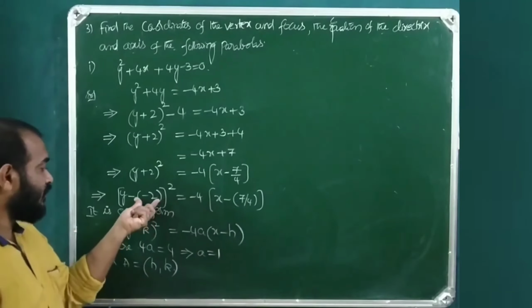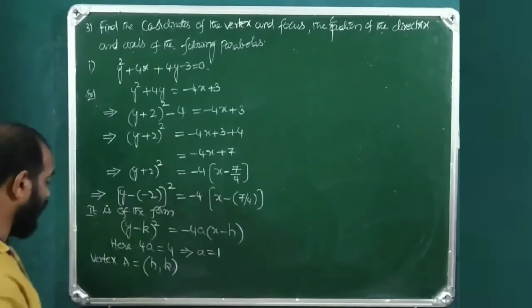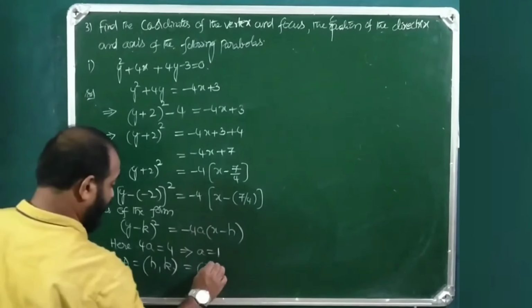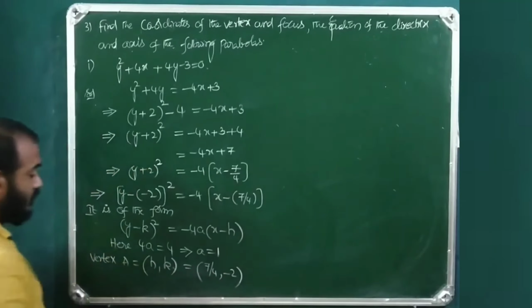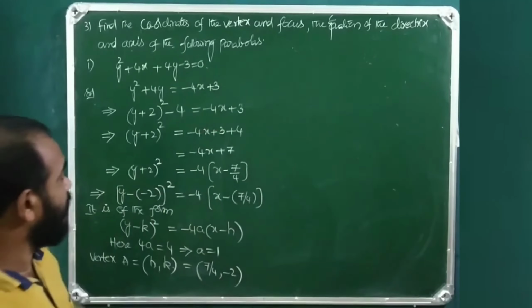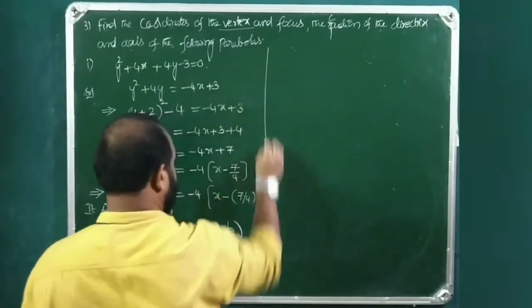Here, in the place of 0, 0 we have minus 2 and 7 by 4. Therefore h comma k is equals to 7 by 4 comma minus 2. So this is the vertex we got.